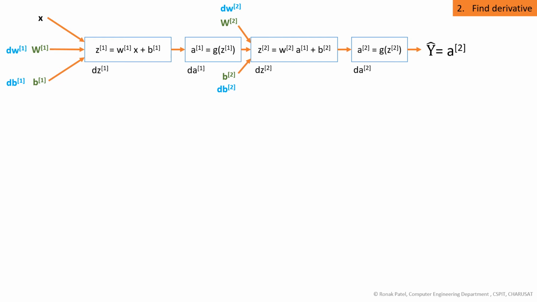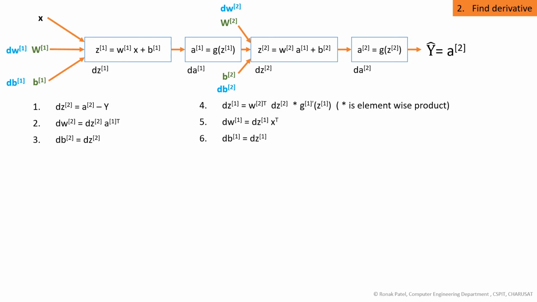If you recall the gradient update, you require the gradients, that is dw2, db2, dw1 and db1. So we will find these values. How do we find them? We have seen the derivatives and the equations for them. So these are the equations.